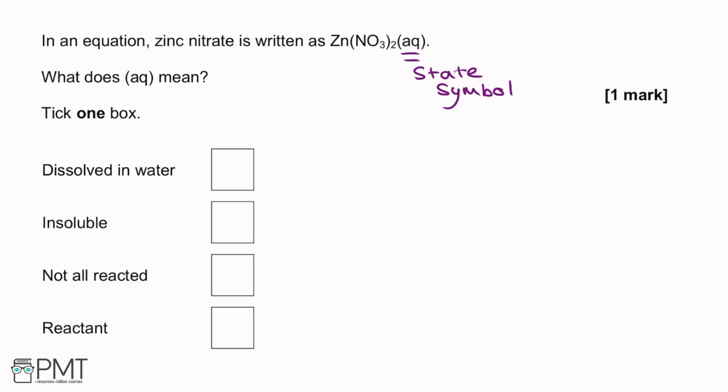We have s for solid, l for liquid, g for gas, and aq, which stands for aqueous. Okay? An aqueous solution. And what aqueous solution means is dissolved in water.